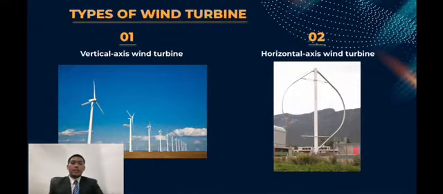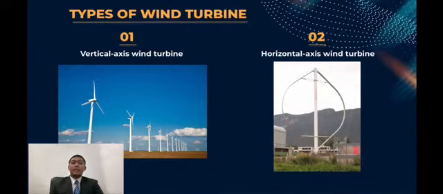Vertical axis turbines have blades that are attached to the top and bottom of a vertical rotor. The most common type of vertical axis turbine is the Darrieus wind turbine, named after the French engineer Georges Darrieus, who patented the design in 1931.